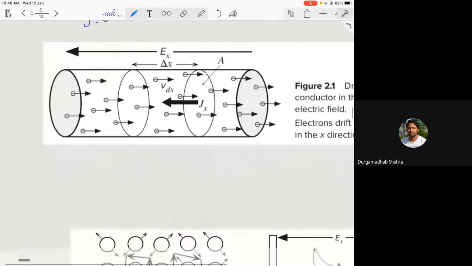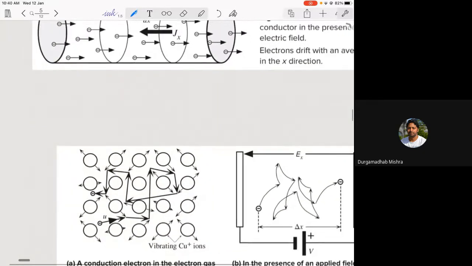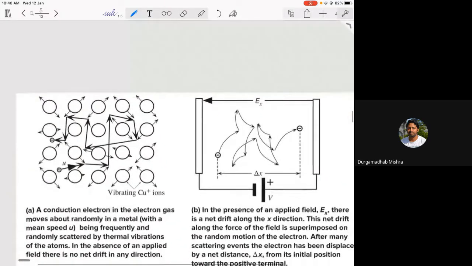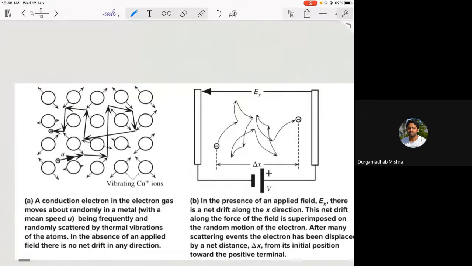So this can be easy to understand when you look at this picture here. The left one shows when E is equal to 0, and here on the right we have applied an electric field. So what happens if you look at this electron, for example? After it is scattered, it has a certain velocity u, and then it moves, and probably it will get scattered again and again, and so on.